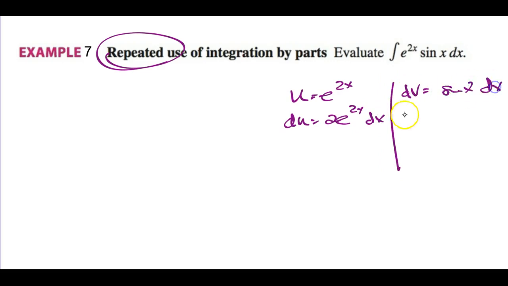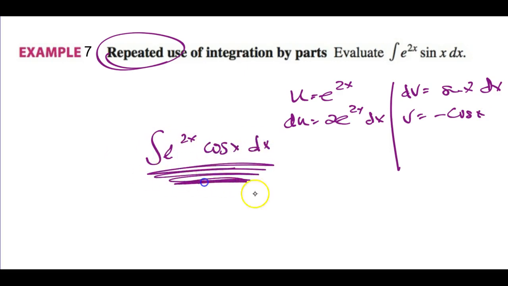du is sine x dx, and then v is equal to negative cosine x. So when you get done, you're going to end up with the integral of e to the 2x cosine x dx, and you're going to have to repeat the uv minus integral v du from that. So this is just a scary problem.